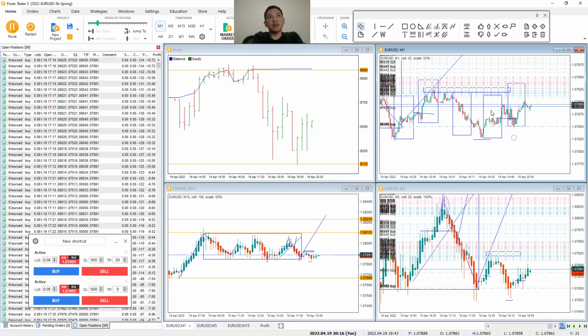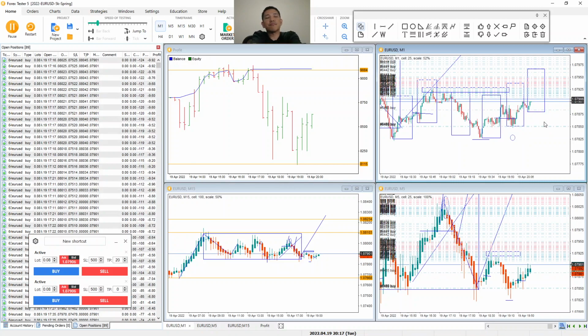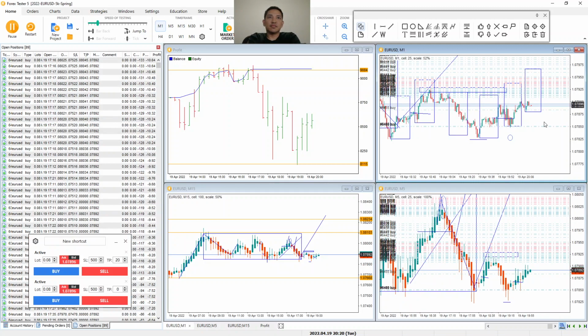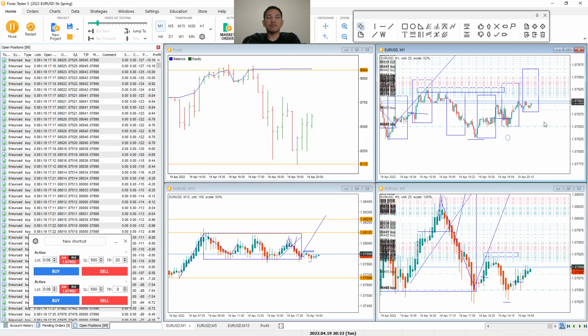But based on this pattern right now, this is a great pattern. Pulls back, comes like that. So I'm way too heavy, and we can only wait.